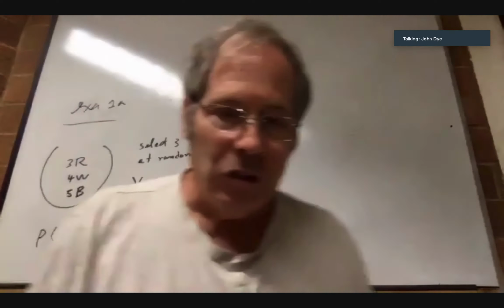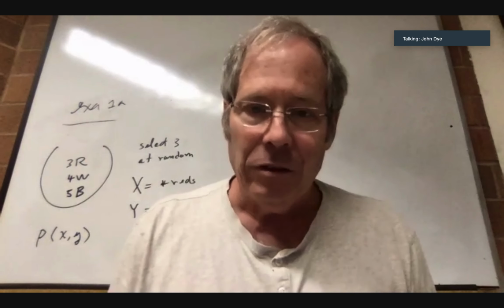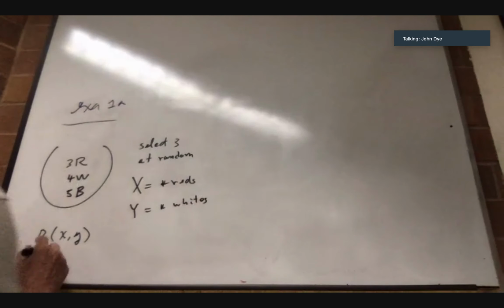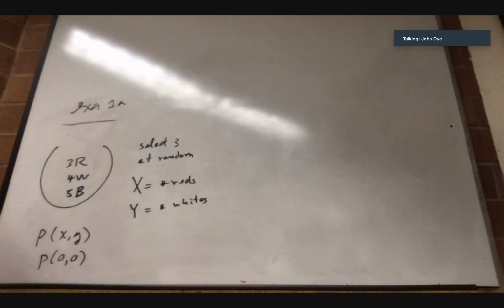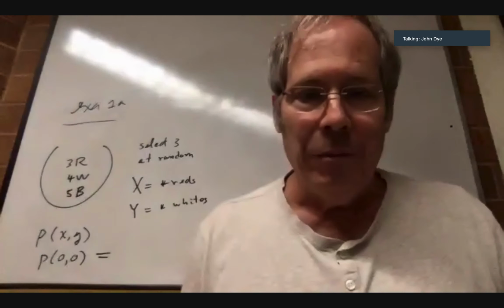It's 2 random variables, but what's the chance of the first one being x and the second one being y? For instance, you could look at the probability of the first one being 0, so no reds and no whites. So we need to fill in this information in a table.